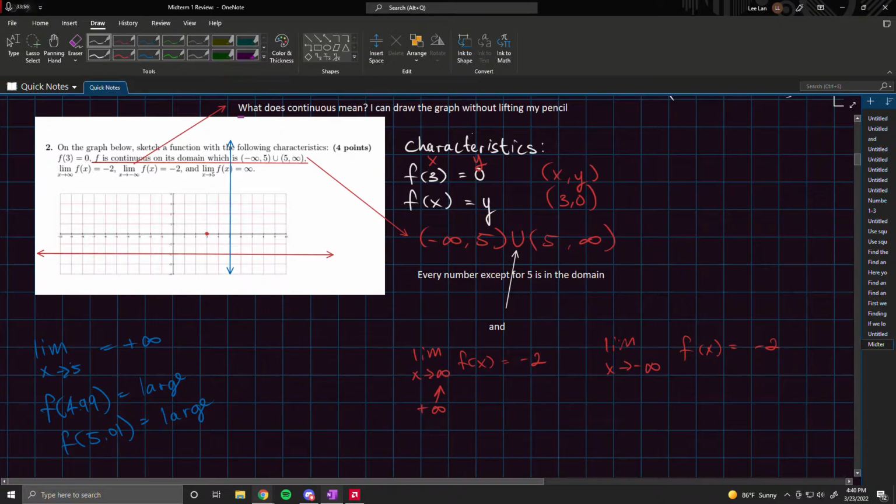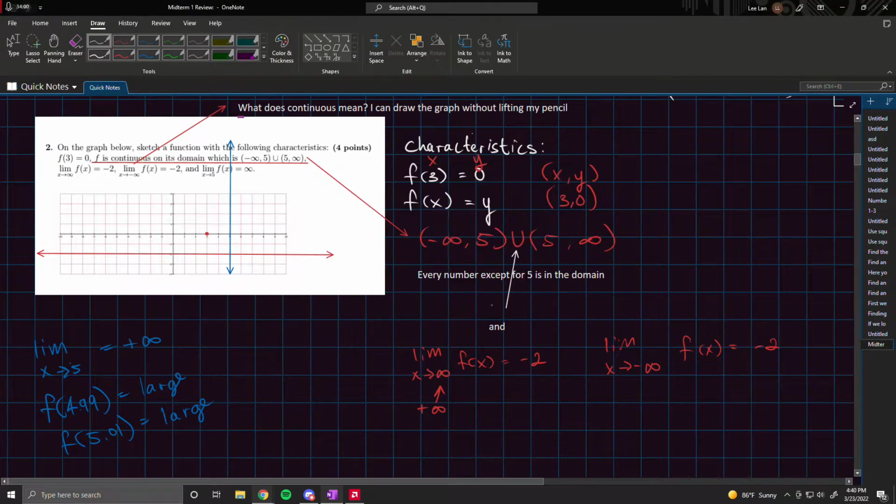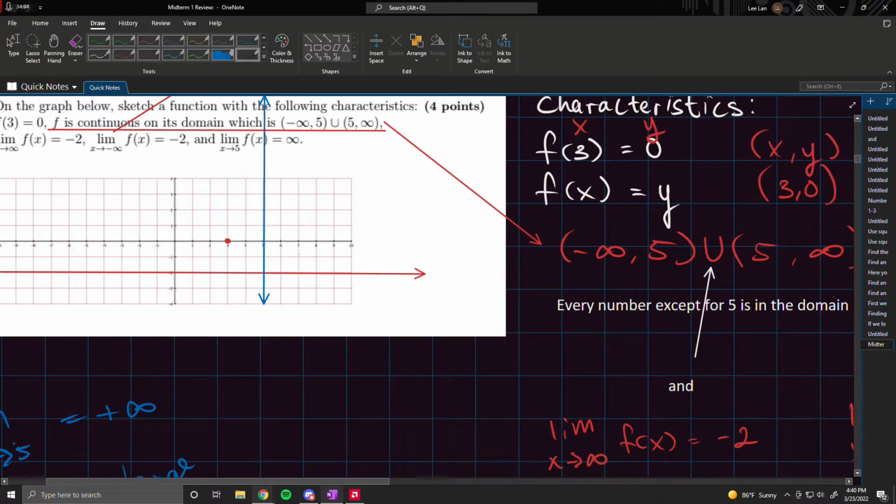Okay, I think that's enough information to try and draw something. So let's see. Okay, so we know that we're here, right? So that's a good starting place. And as we get closer and closer to 5, we get very large y values. So it should look something like this.